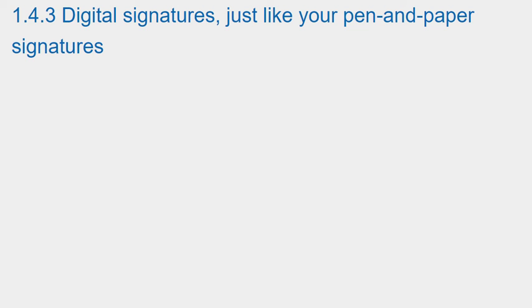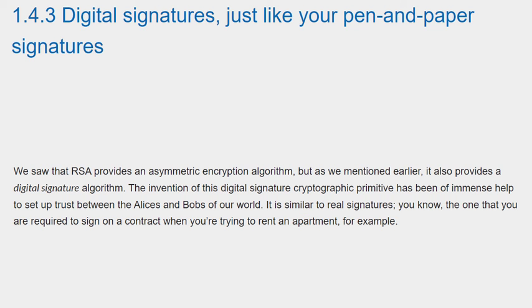Section 1.4.3 Digital signatures, just like your pen and paper signatures. We saw that RSA provides an asymmetric encryption algorithm, but as we mentioned earlier, it also provides a digital signature algorithm. The invention of this digital signature cryptographic primitive has been of immense help to set up trust between the Alices and Bobs of our world.